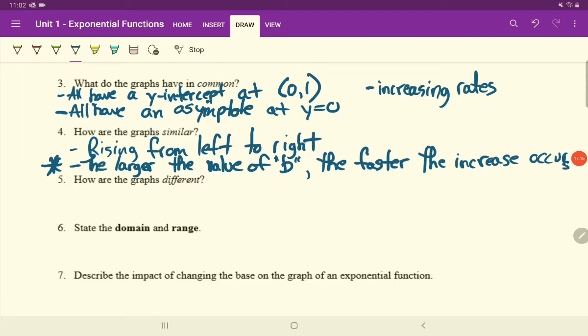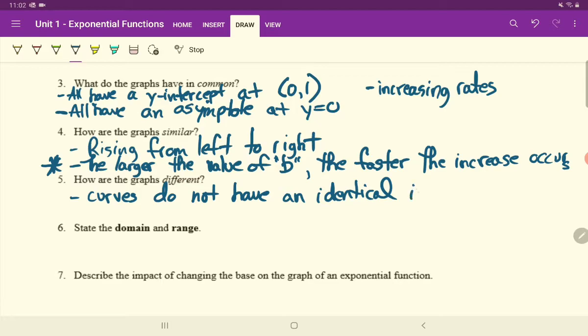Right? So that means the graphs are different in that they don't have the same increasing rate. Okay? So curves do not have an identical increasing rate. Okay, they are increasing, but they're not increasing at the same rate.